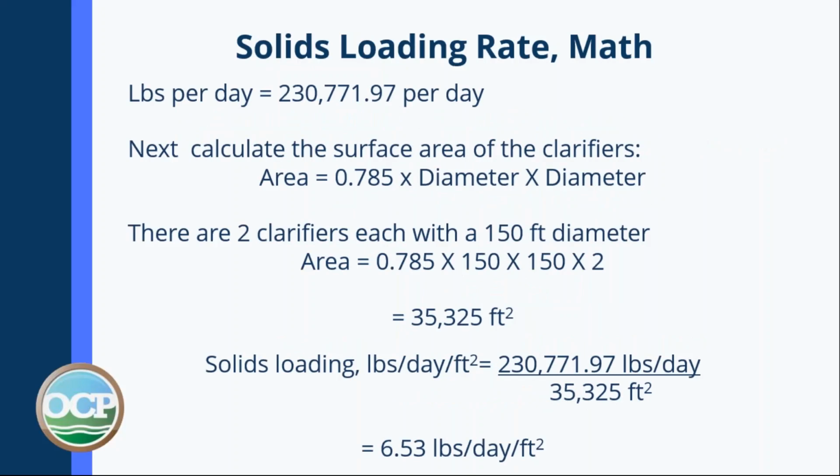We have to calculate the surface area of the clarifiers based on what we gave you. We know these clarifiers are round because we only gave you one number. So the area is 0.785 times diameter in feet times diameter in feet. There are 2 clarifiers, each with a 150-foot diameter.